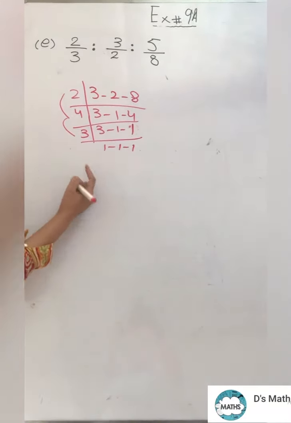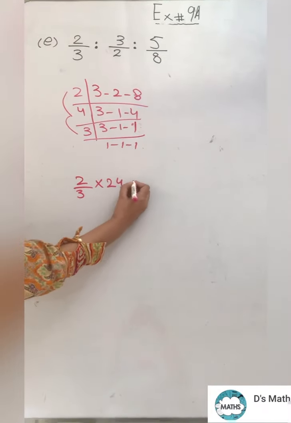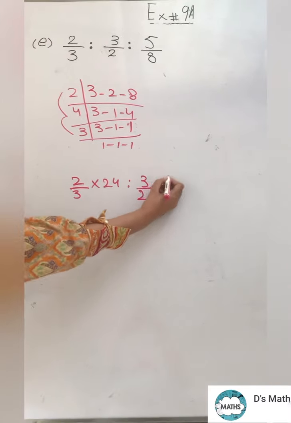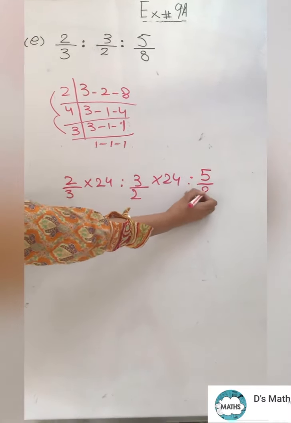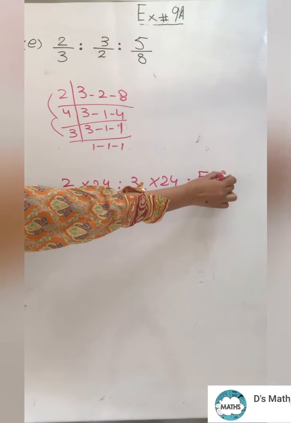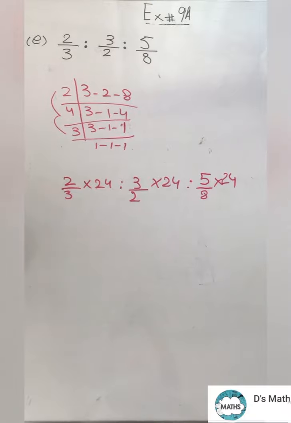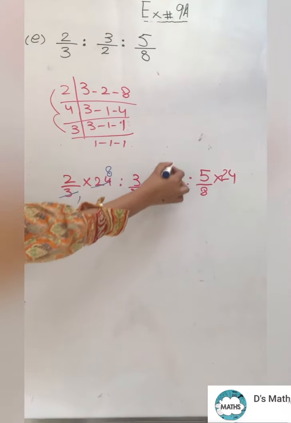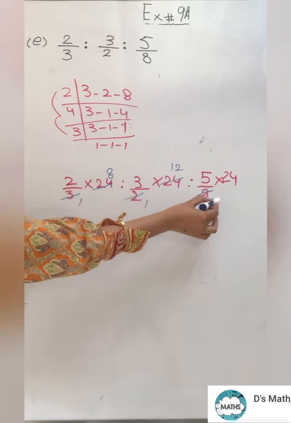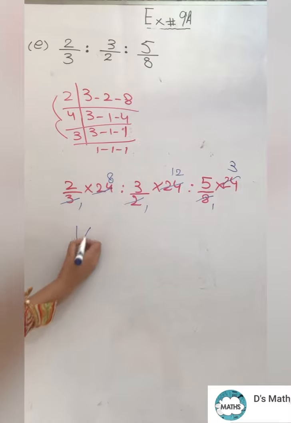Now we have to multiply all 3 fractions by 24: 3 by 2 multiplied by 24 ratio 5 by 8 multiplied by 24. Now I'll go for the cancellation. 2 twelves are 24, 8 threes are 24, and 8 twos are 16.